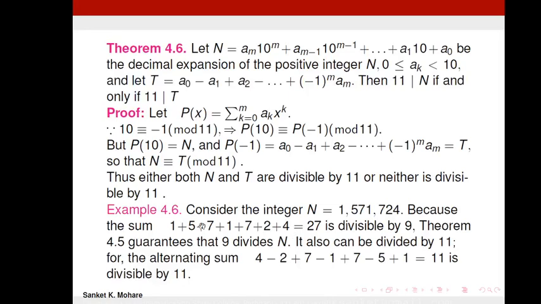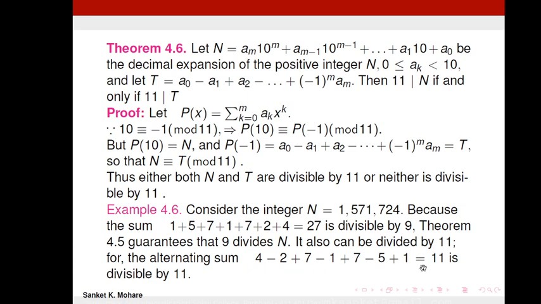Now we take the alternating sum. Remember, be careful, the alternating sum is from a_0. Where is a_0 here? It is 4. So the alternating sum starts from 4: 4 - 2 + 7 - 1 + 7 - 5 + 1.